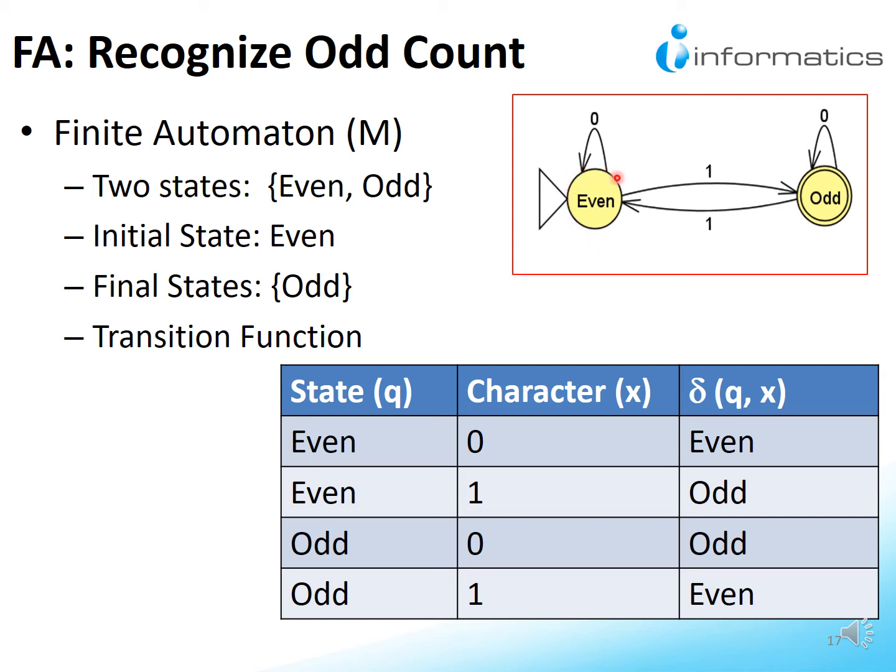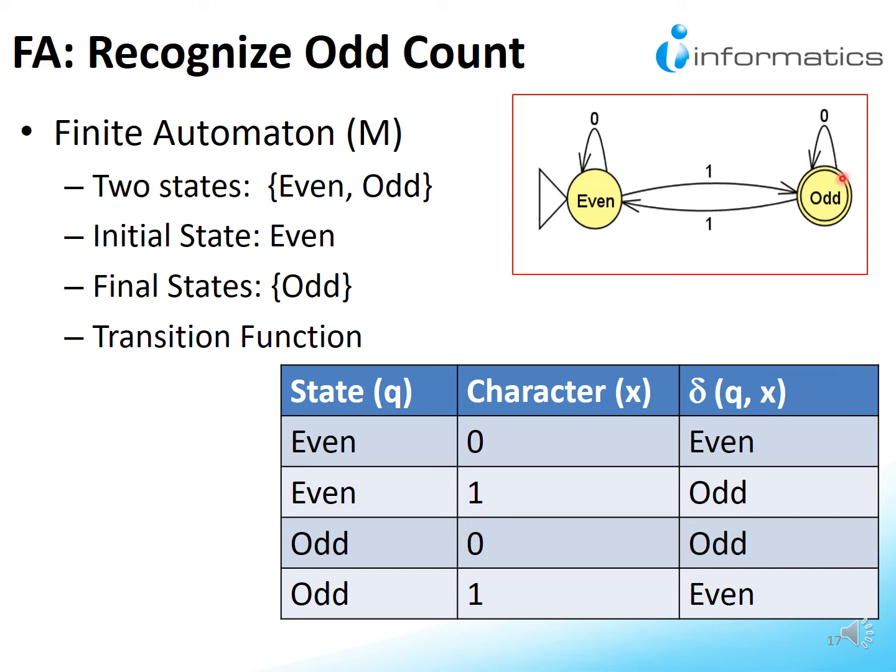The idea is that the even state indicates that the machine has scanned an even number of 1s so far, and similarly odd means the machine has scanned an odd number of 1s. So now assume the machine has scanned an even number of 1s. When it sees the next input 1, the machine will move to odd, saying that it has seen an odd number of 1s.